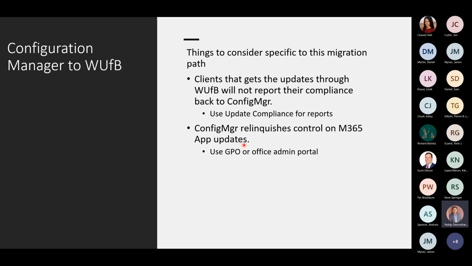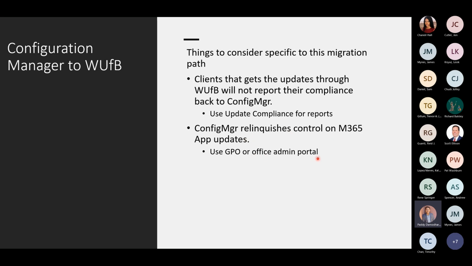And the next thing to keep in mind is around Microsoft 365 app updates. Configuration Manager uses WSUS in the backend for syncing Microsoft 365 app updates. Now, since we moved the workload from WSUS to Windows Update for Business, you'll have to use either group policy or Office Admin Portal for managing Microsoft 365 app updates.